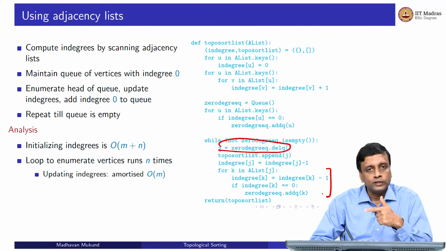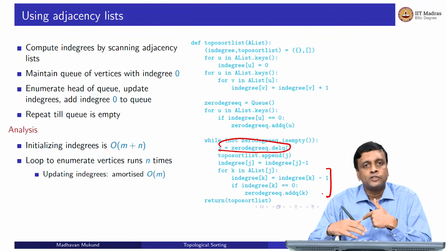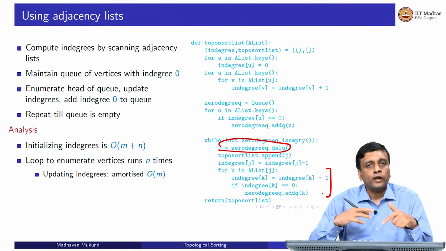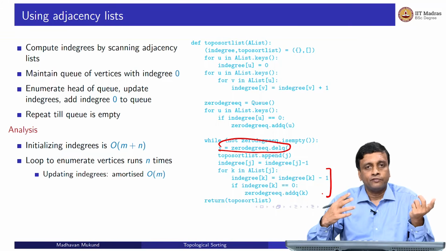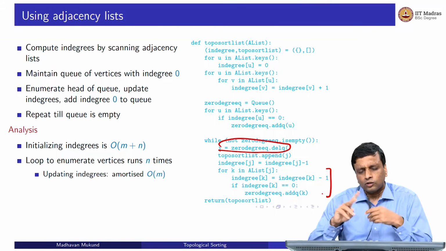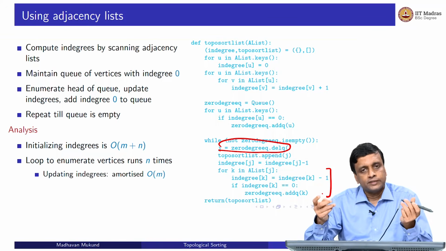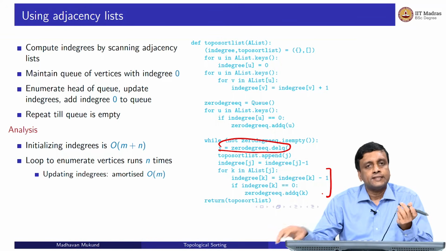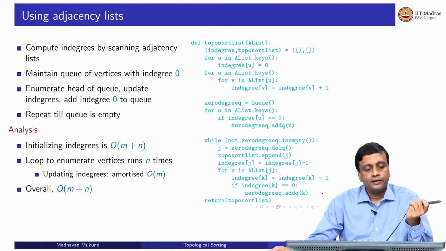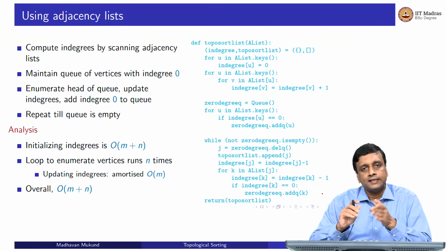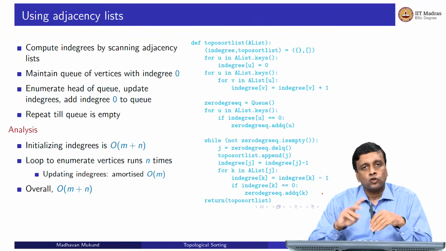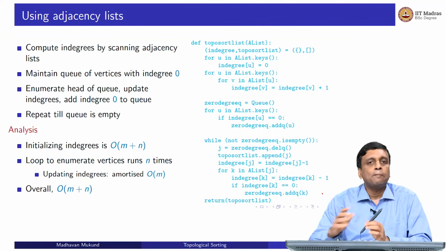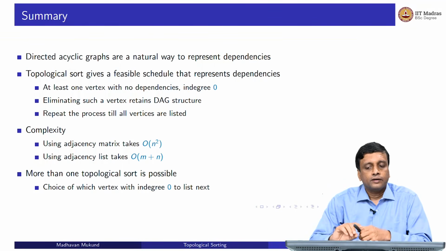I cannot tell you how much one individual vertex will take, but overall it is going to be proportional to the sum of the degrees, which is the number of edges, and so this whole thing is in an amortized sense going to be order m. Therefore, by moving to an adjacency list representation, just like we did for BFS and DFS, in topological sort also we move from an n squared algorithm to an m plus n algorithm.